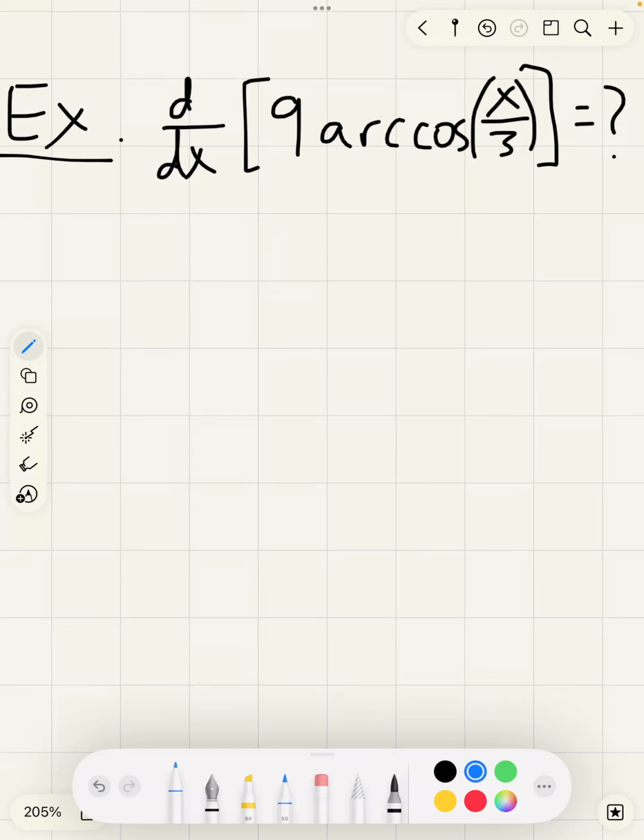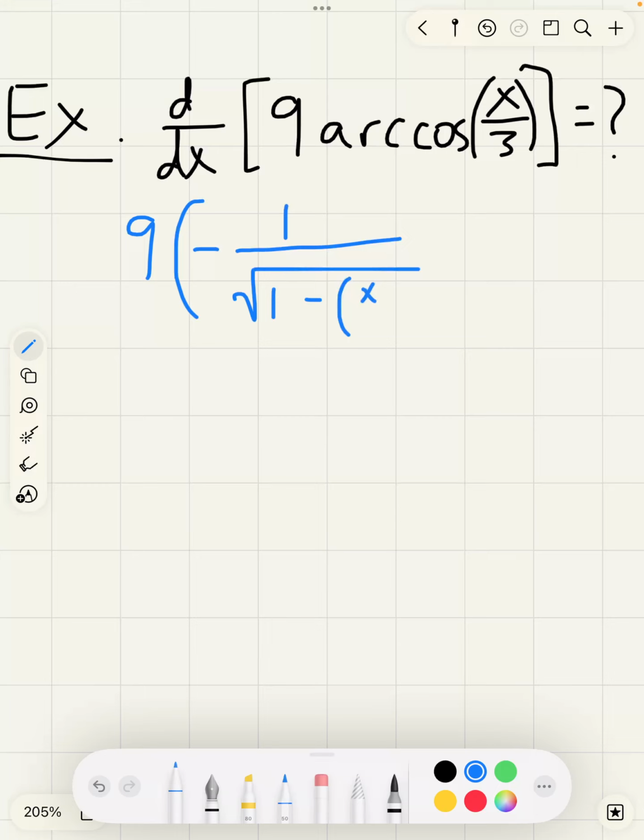So I know that that's going to end up being, well, we have the 9, that's a coefficient, so we can put it outside. We know that the derivative form is negative 1 over the square root of 1 minus stuff squared. In this case, the stuff is x over 3. And we have to multiply by the derivative of stuff.